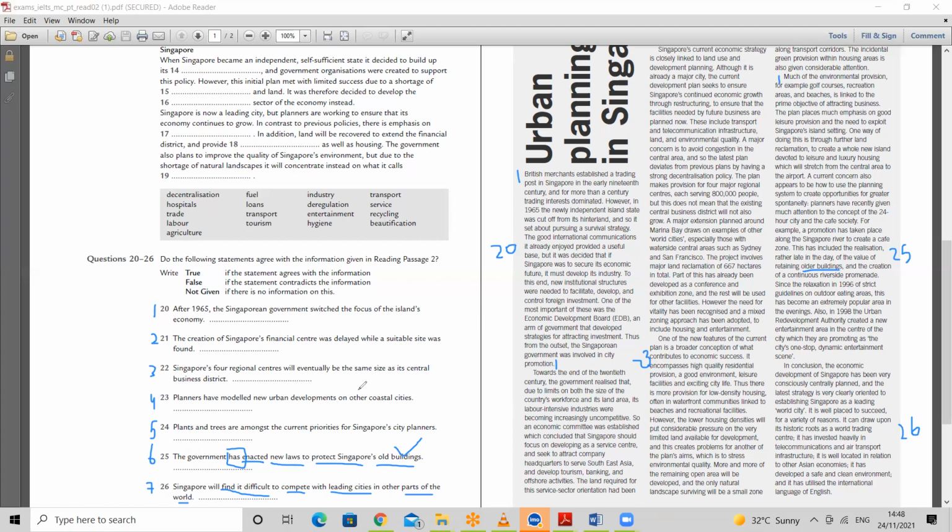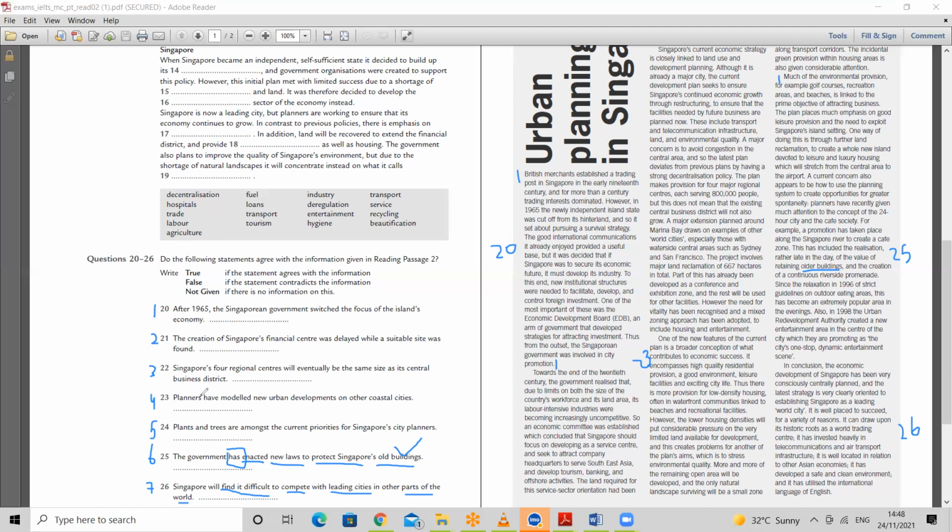Now let's read this statement, convert this statement into a question, highlight the keywords, and then decide whether the information is true, is false, or does not exist, which means it's not given. Okay, now it says that planners have modeled new urban development on other coastal cities. Since we are talking about Singapore, it's a coastal city, so perhaps Singapore is also a coastal city.